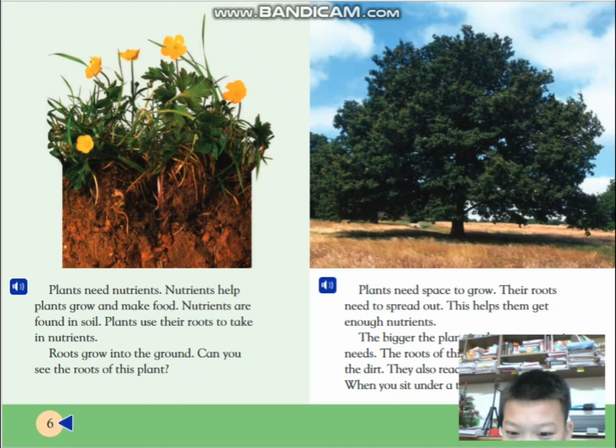Plants need space to grow. If there is no space, it will be very difficult, like in a forest. The forest has a lot of trees, and the trees are plants. These roots need to spread out.